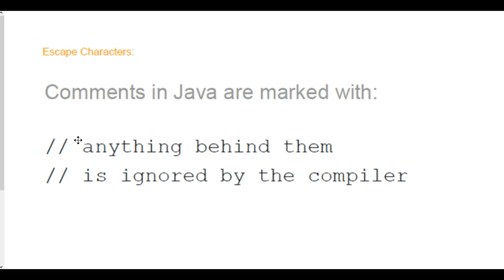Now, if you had multiple lines of comments like they have here, putting those forward slashes in for every single line could be a pain. So there's a way of commenting that you can comment an entire block without having to put symbols in front of every single line.